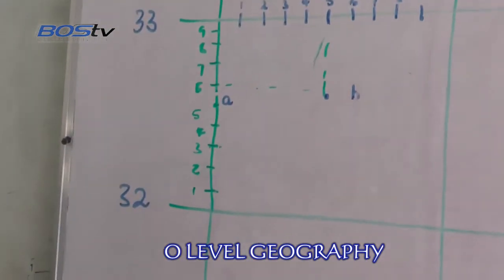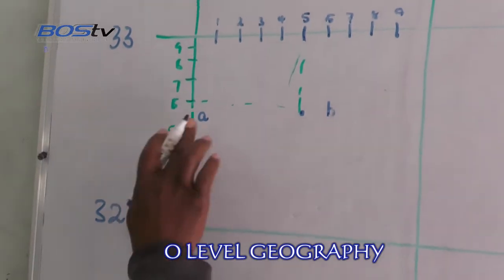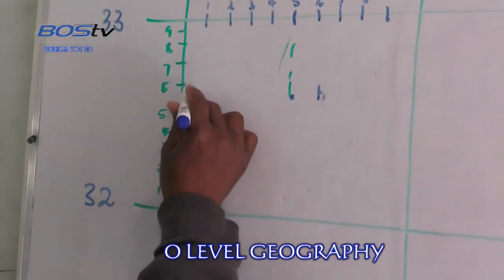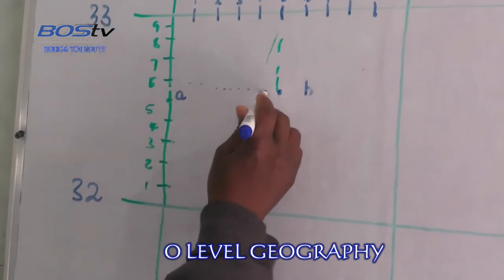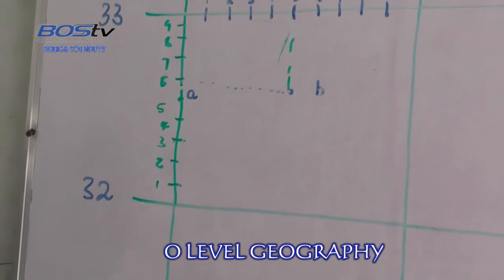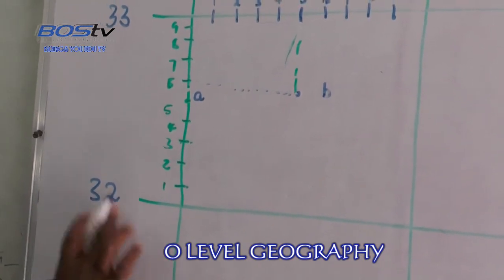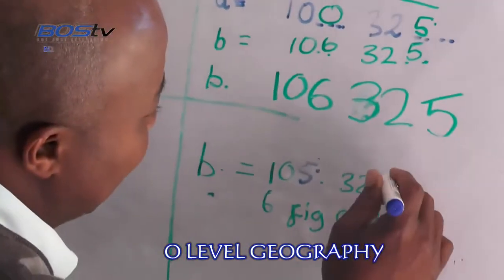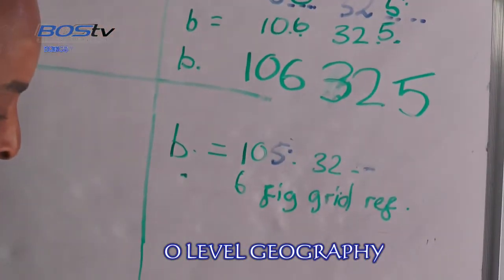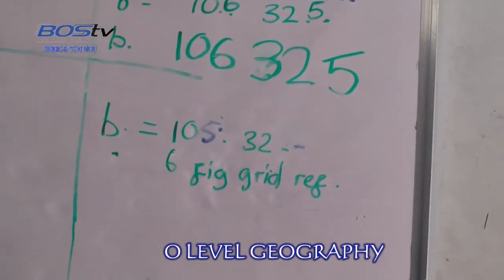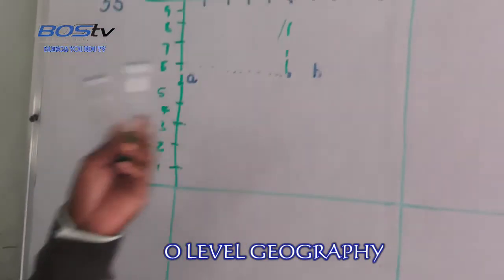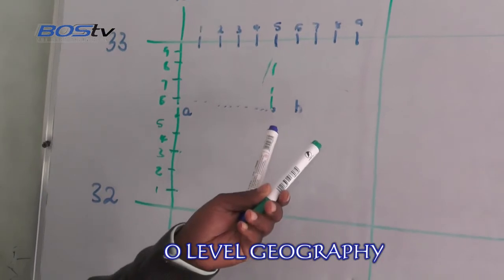Our point B between 32 and 33 is on 6. You may be excused if you miss by a whisker. It's more or less the same, so our point B lies more or less along 6.